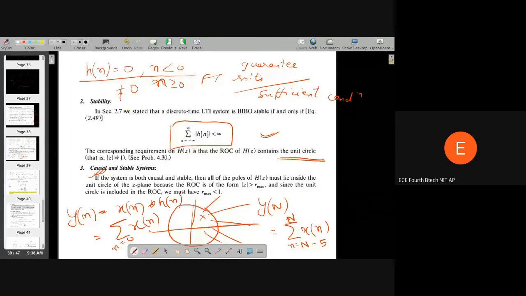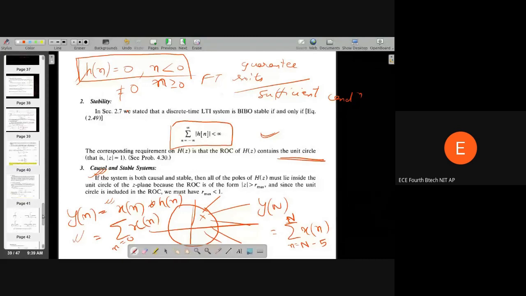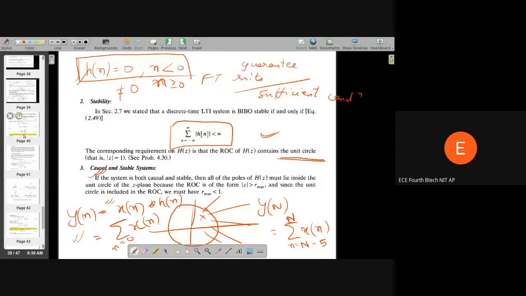When you work through the mathematics, you will find that for that to happen, the equation needed is h[n] equal to 0 for n less than 0. This is the standard definition of causality. The output should only depend on present and/or past values of input. Just revisit the simple mathematics, and you'll find that this is the definition that comes out. So this is what I wanted to discuss, just revisiting your last class mainly.